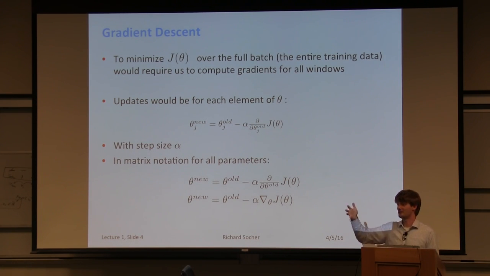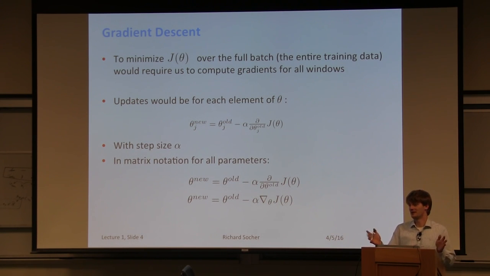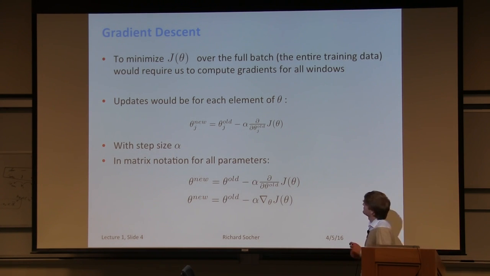Not only do we have millions of potential words, but we also have many, many millions of windows as we go over each separate window one at a time, over, for instance, all of Wikipedia. And if we wanted to compute the next update for theta, theta new, during our gradient descent method, this would be our standard equation for gradient descent.